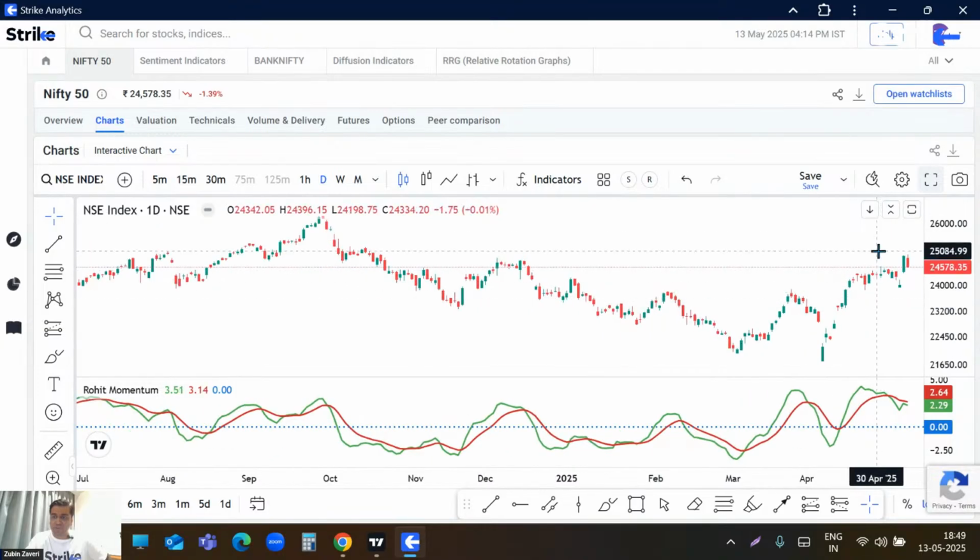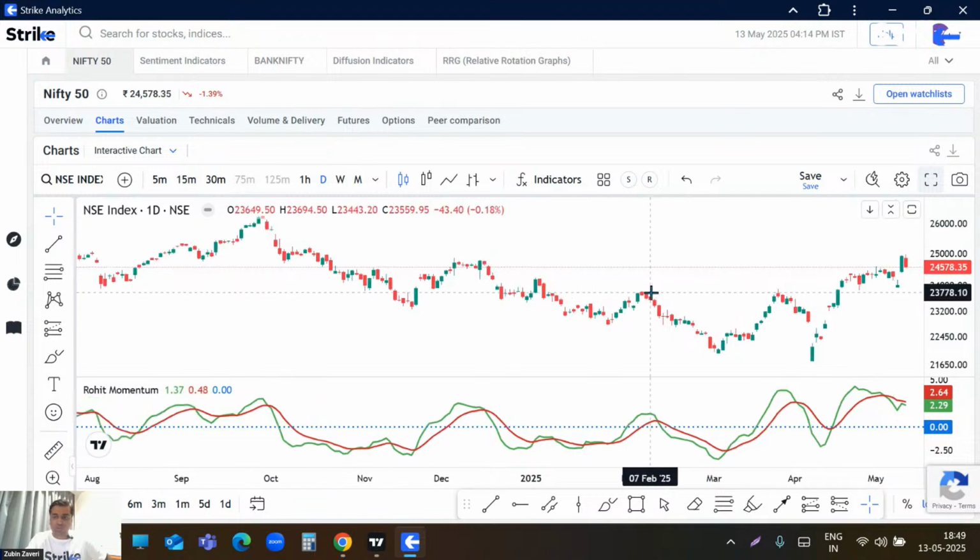So if tomorrow market crosses above this range, 24,958, 24,960, or to round it off, 25,000, which is a resistance level, the Rohit momentum indicator would again give a new buy signal.